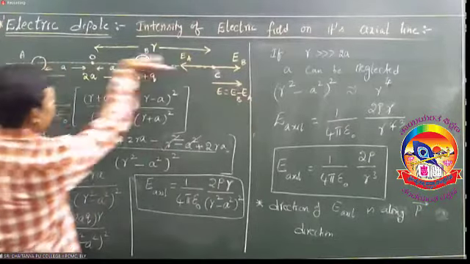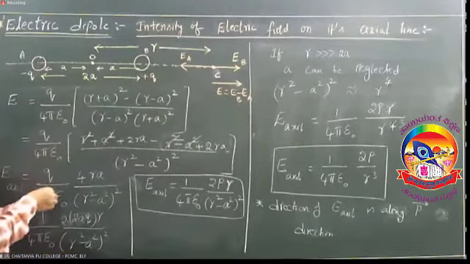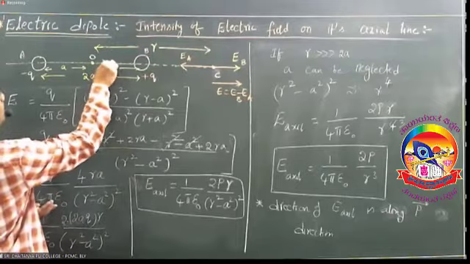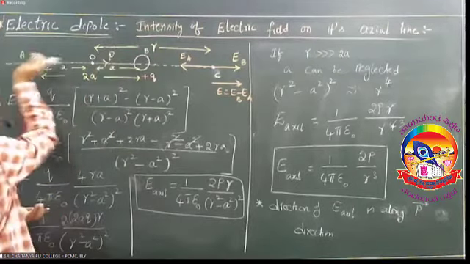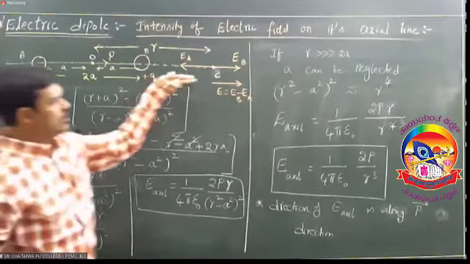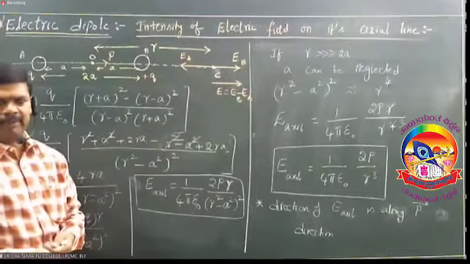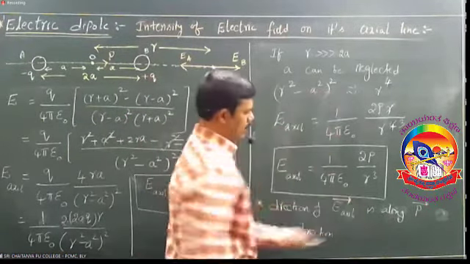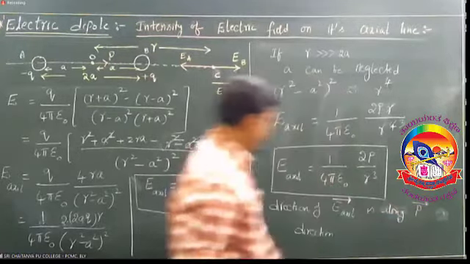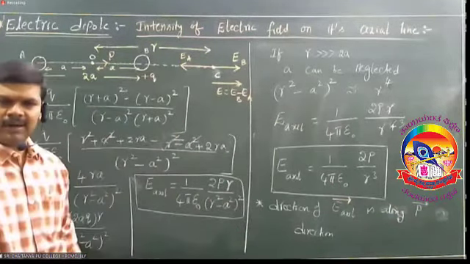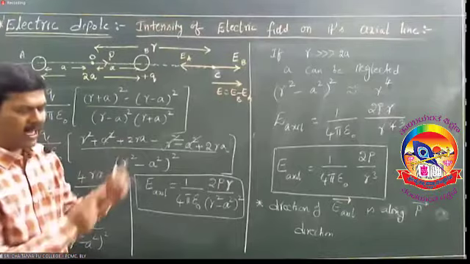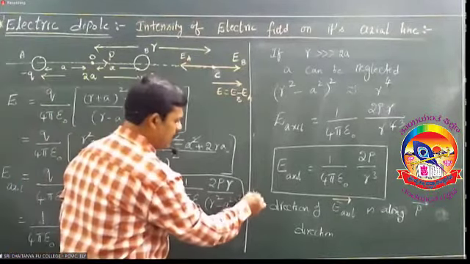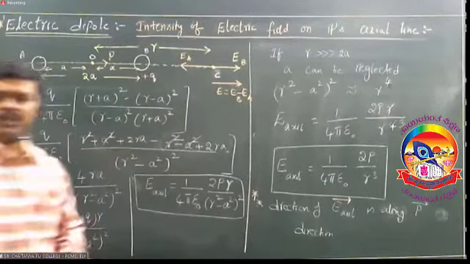Because P is also in this way. If I write P direction, the dipole moment direction, is it not the dipole moment direction? So the E direction is also in the same way. So the E axial direction is along the P direction, that is along the dipole. So both are parallel, an important point for solving problems, right?